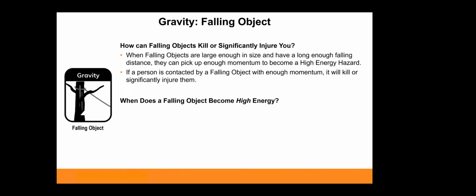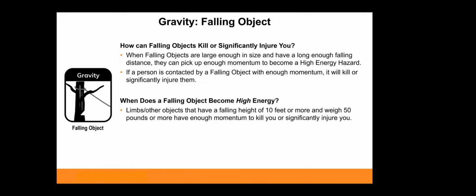But when does a falling object become high energy? Limbs or other objects that have a falling height of 10 feet or more and weigh 50 pounds or more have enough momentum to kill you or significantly injure you.